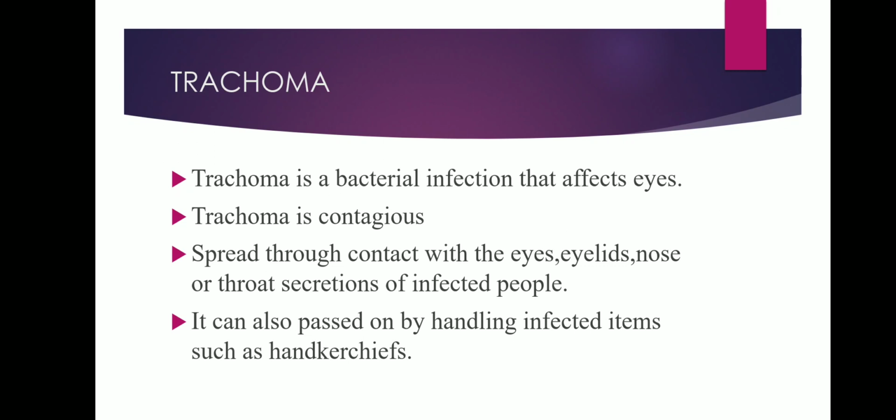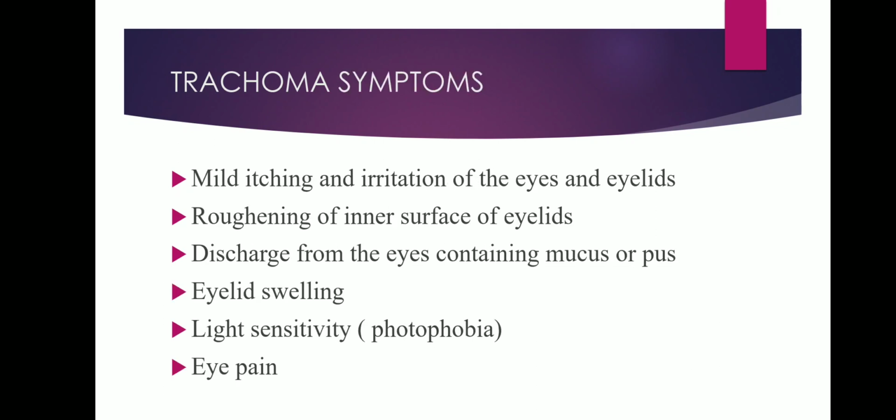It can spread through contact with the eyes, eyelids, nose or throat secretions of infected people. It can also be passed on by handling infected items such as handkerchiefs. These are the modes of transmission in trachoma.